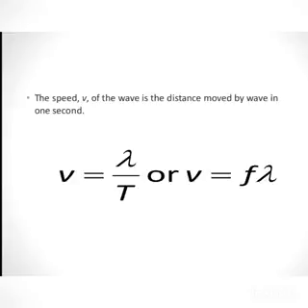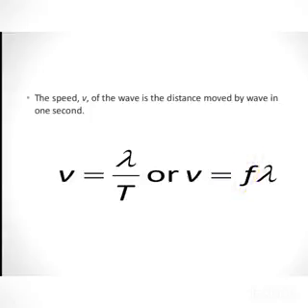This can also be written as v is equal to f lambda. What is f? F is the frequency. So here this 1 over T is basically the reciprocal of time period. That 1 over T can also be written as frequency f, because frequency is the reciprocal of time period.